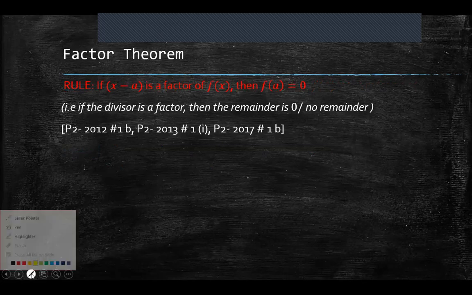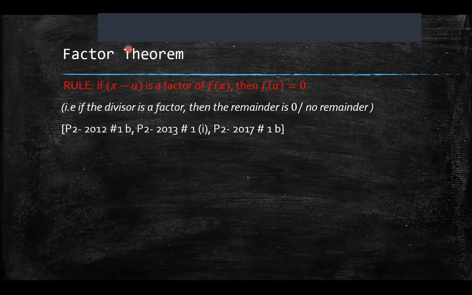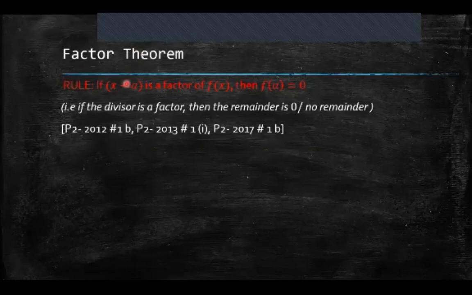Gauss-Remainder theorem. Factor theorem. What is factor theorem? Well, it says if I'm given that x minus a is a factor of f of x, so you see my divisor, if the divisor is a factor of the function, then the remainder is 0.